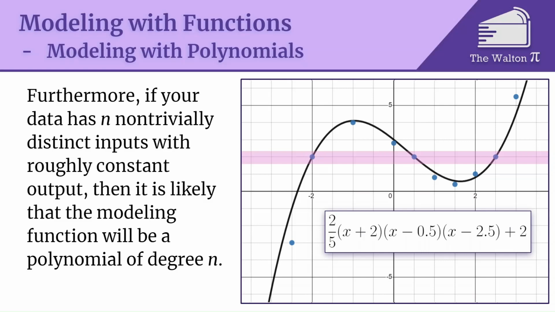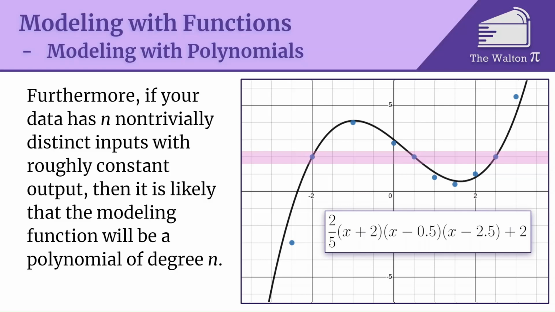Now, how did I get this function? Well, we have x plus 2 as one of the factors of the polynomial. That is one of the points that we know. We know there is a point at x equals negative 2, positive 2. And so x plus 2 means that we should have a 0 at negative 2. Now, because the y value is not 0 but is instead 2, that's why there's a plus 2 at the very end.